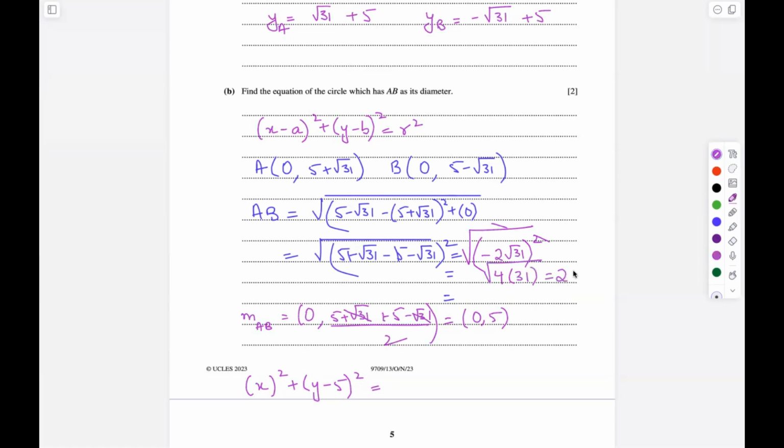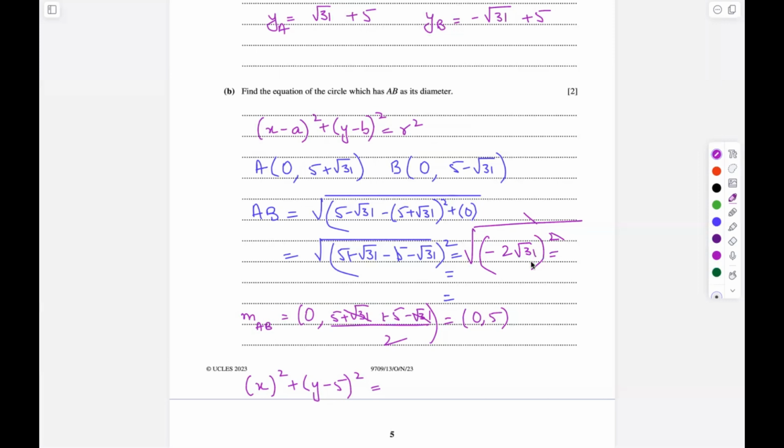I'm really sorry for this, but the correct radius in this case: it was minus 2 root 31 whole squared, and there was a square root over this as well. So this would have cancelled out basically.